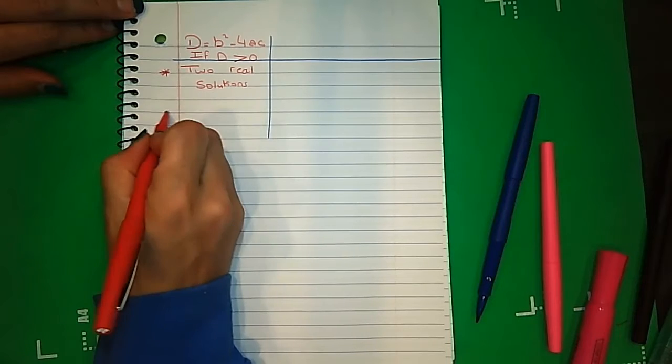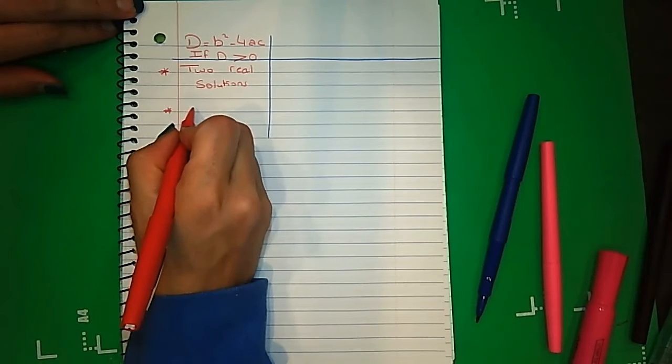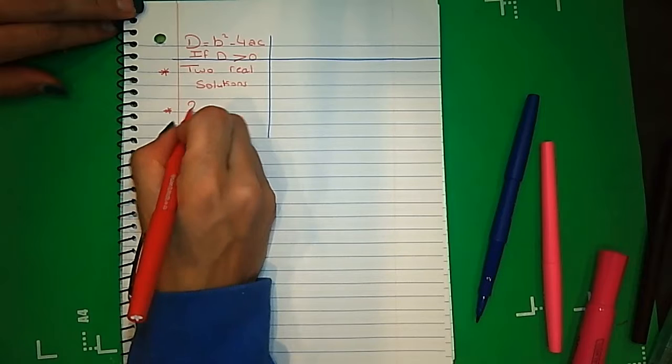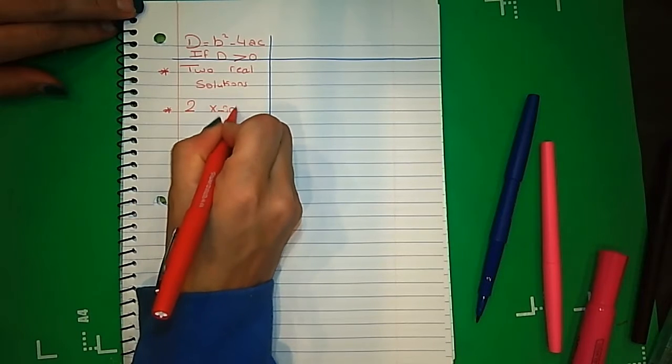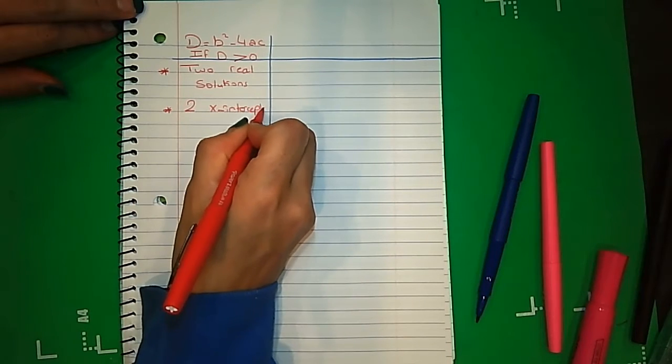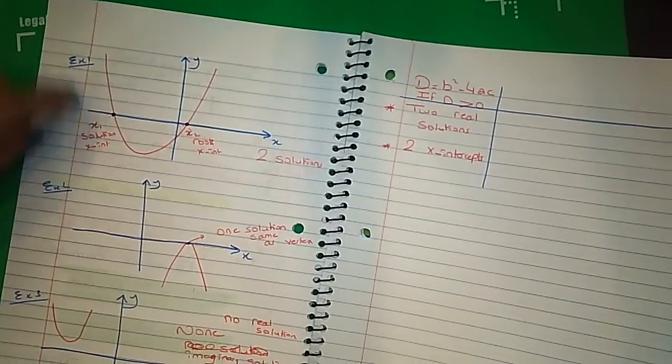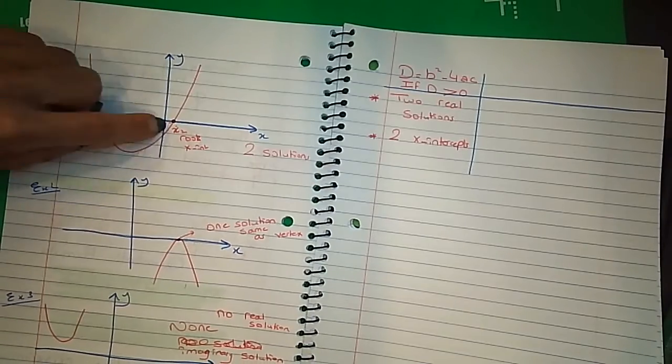Or in other words, I'm going to have 2 x-intercepts. And this applies to the graph we have over here, because see how it intercepts twice on the x-axis?